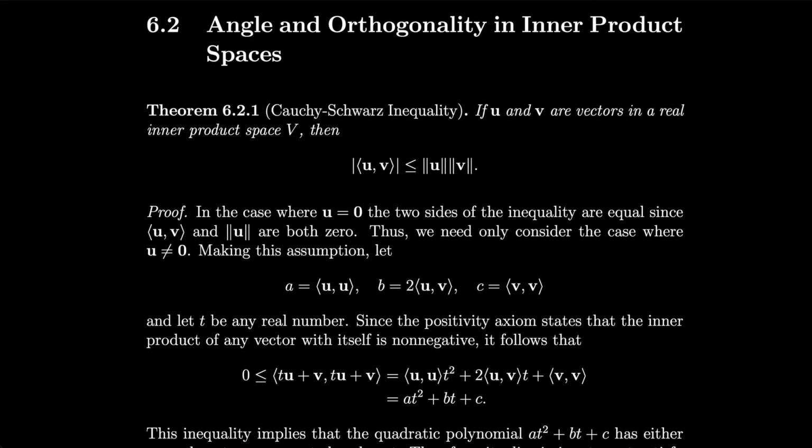We'll end up with 2 times the inner product of u and v with t and the inner product of u with u with the t squared. But our shorthand notation, where a was equal to this, b was equal to this, and c was equal to this, now comes in handy, and lets us replace this by a, this by b, and this by c. So we end up with a quadratic polynomial in t.